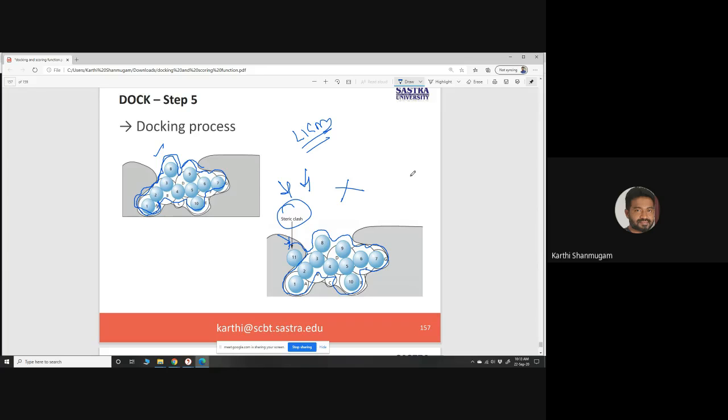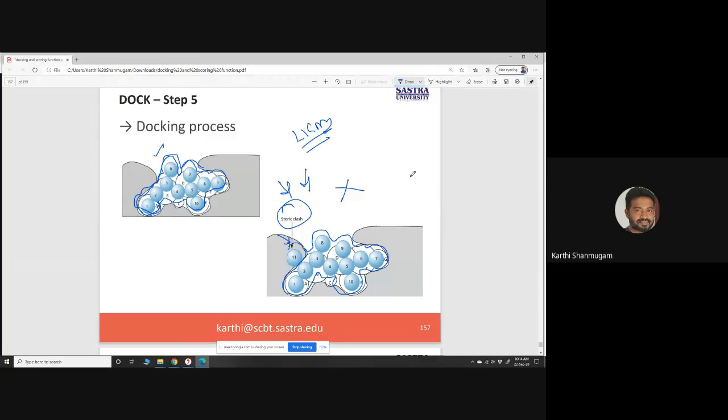If both shape complementarity and stereoelectronic complementarity are favorable, then we can expect the molecule to have a very high affinity. If the molecule has only shape complementarity and lacks stereoelectronic complementarity, or has good stereoelectronic complementarity but lacks shape complementarity, either way, the affinity of the ligand molecule will be less.